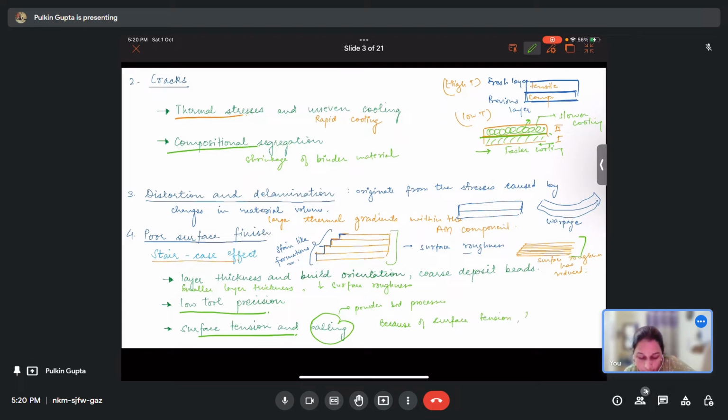The melt pool doesn't wet the substrate. Instead, it forms spherical balls of melt. And this is the balling effect, and this increases the surface roughness.